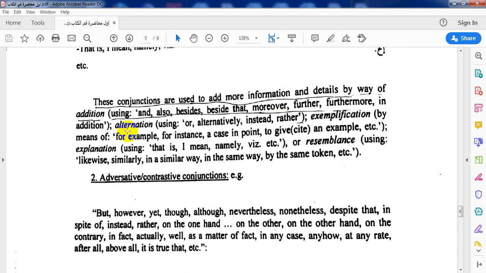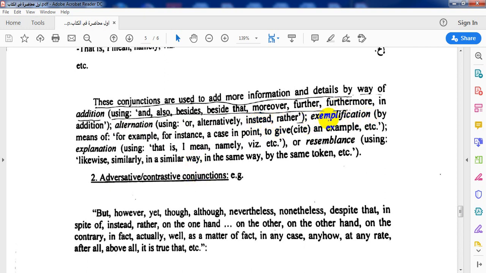Alternation, بمعنى التخيير, to choose or give more choices: alternatively, instead, rather.